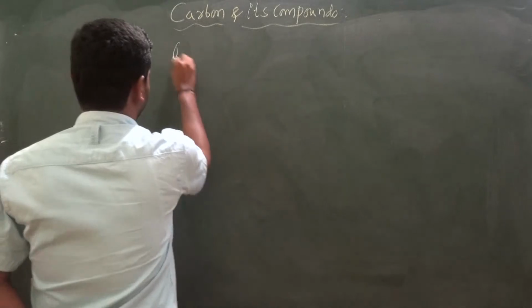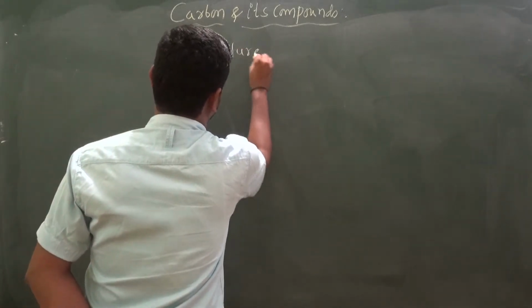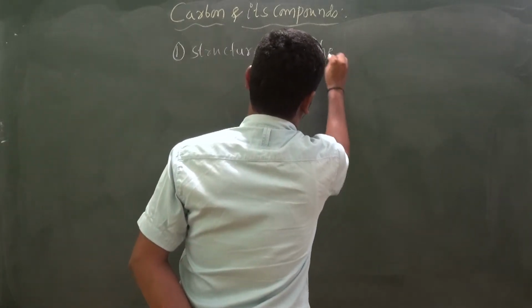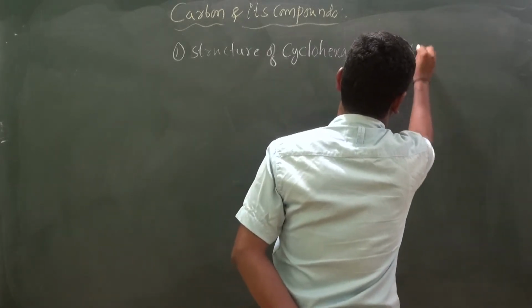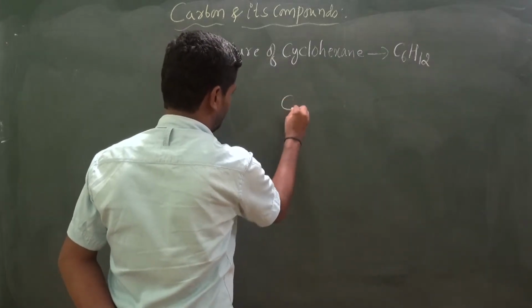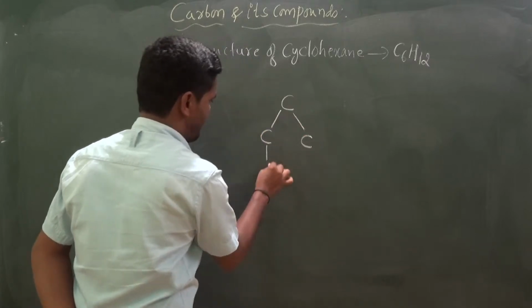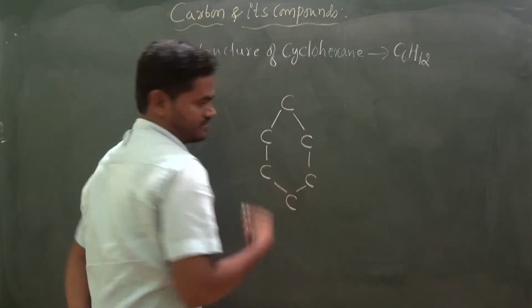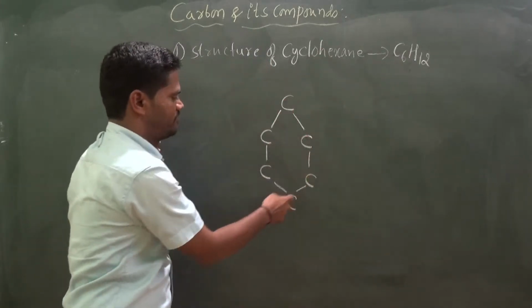Structure of cyclohexane. The formula is C6H12. First, we have to write 6 carbons. Here there are 6 carbons: 1, 2, 3, 4, 5, 6.